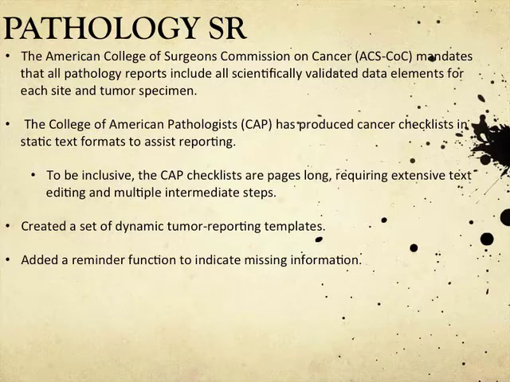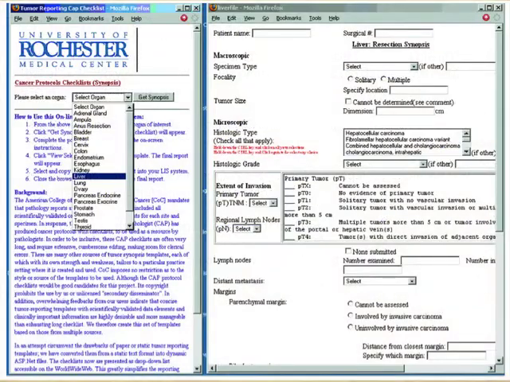So Rochester has come up with a new method of more of a dynamic web-based way of pathologists reporting their data. And you can see here this type of report where they would select the organ that they're looking at. It would take them through and it would be very difficult to miss anything, as it prompts you to put in all the different areas. And this type of report would be able to be available immediately and also go directly into a database, so the data collection would be done immediately.